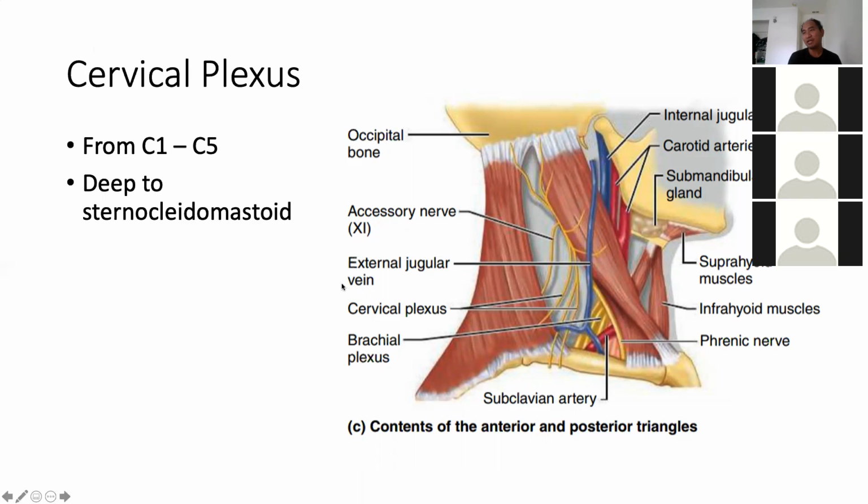Okay, the cervical plexus. If we want to explore somebody's cervical plexus, where should we go? We should go to the sternocleidomastoid muscle. So go and find the sternocleidomastoid muscle, and just behind it, posterior to the sternocleidomastoid, which is what we call the posterior triangle of the neck, we will find the cervical plexus.